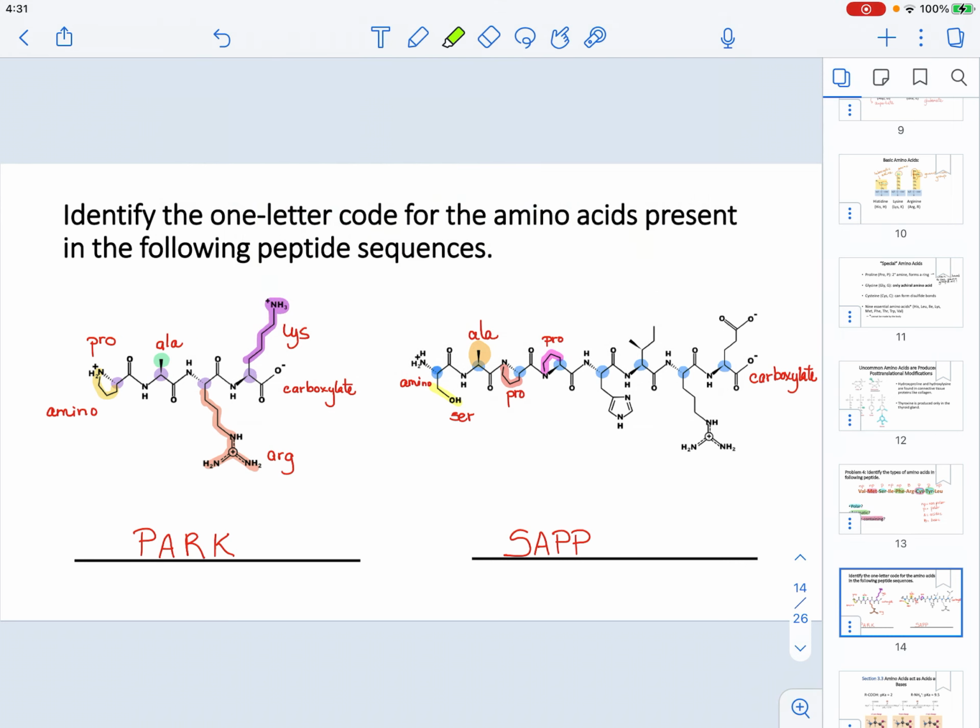Next amino acid, I have a CH2 with this heterocyclic amine. This is histidine, which H is going to be the one-letter code.